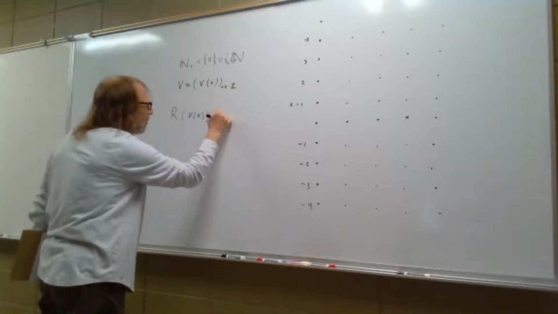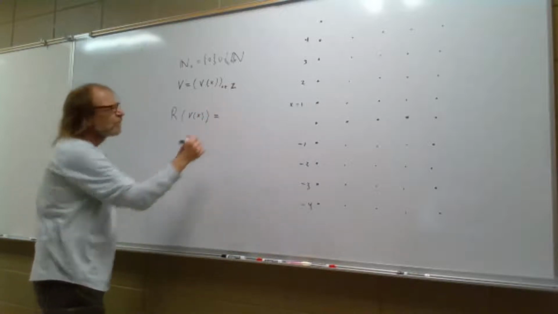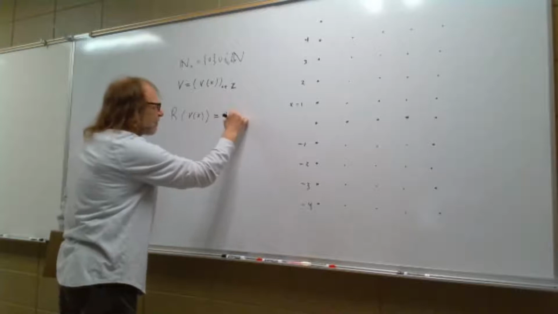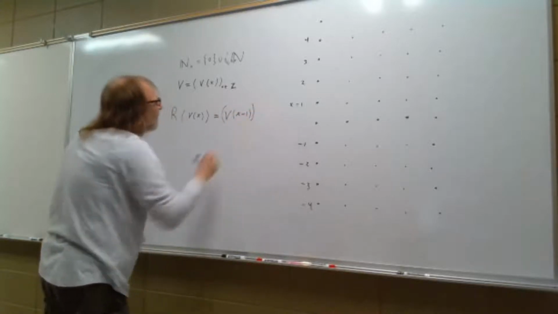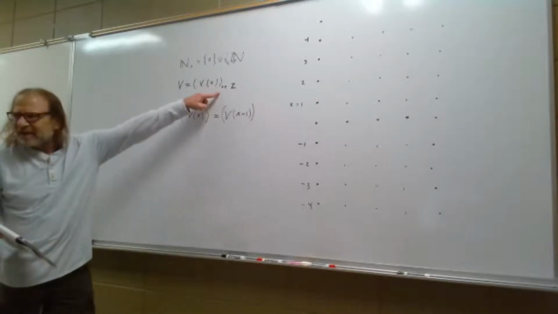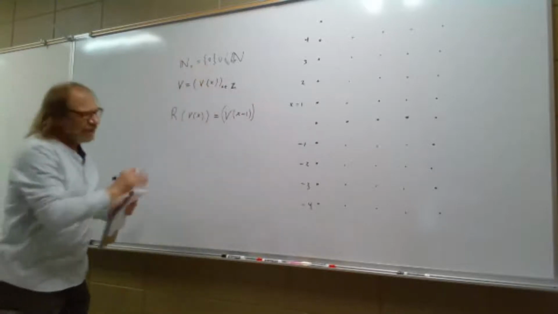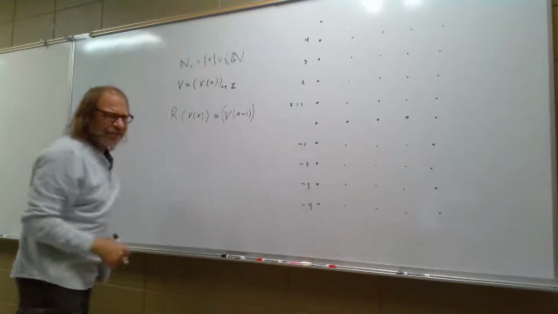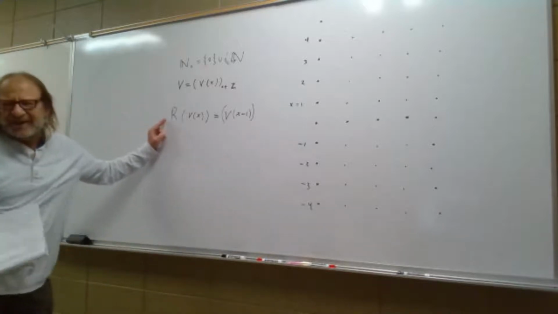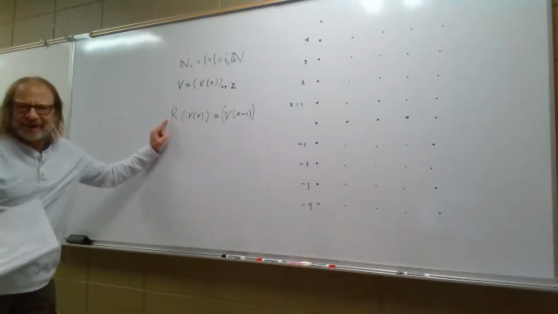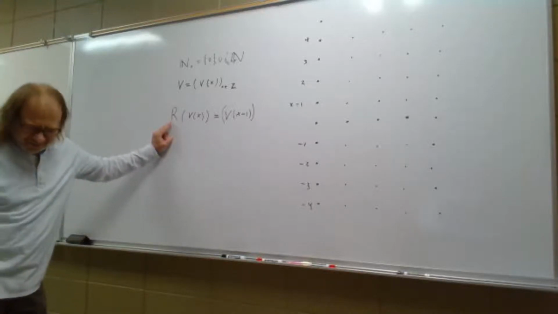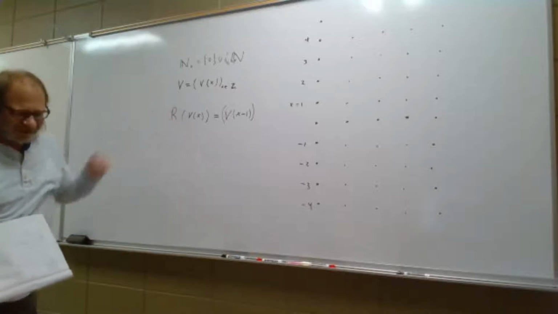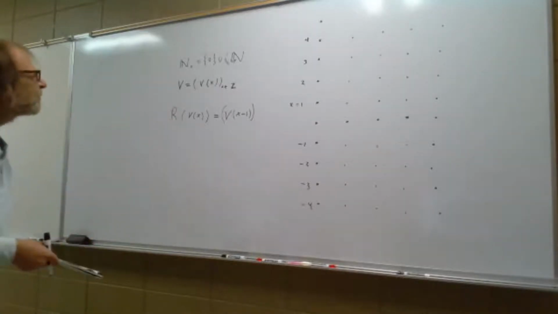But our big workhorse is going to be this operator that takes one of these vectors indexed from minus infinity to infinity and just drags it to the right. And so we called it a right shift. Now in this presentation, you might want to say up and down more than right, and the inverse we might call a left shift, but that's just sort of how we started the project.